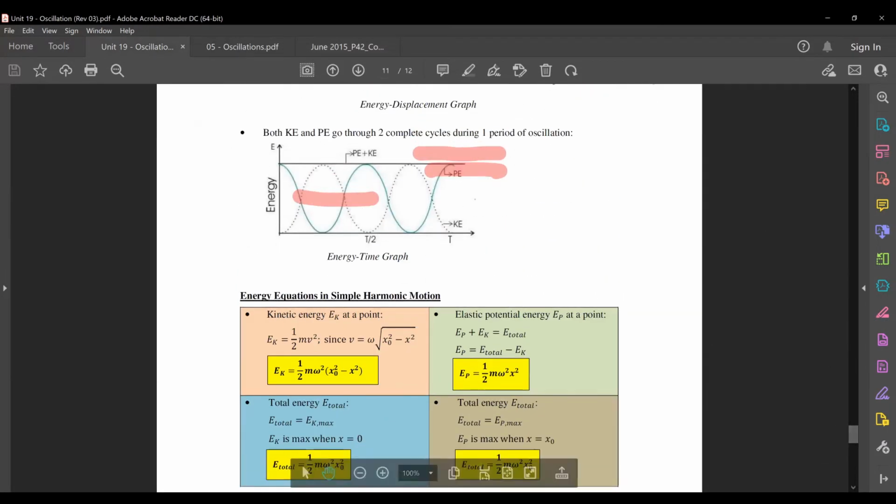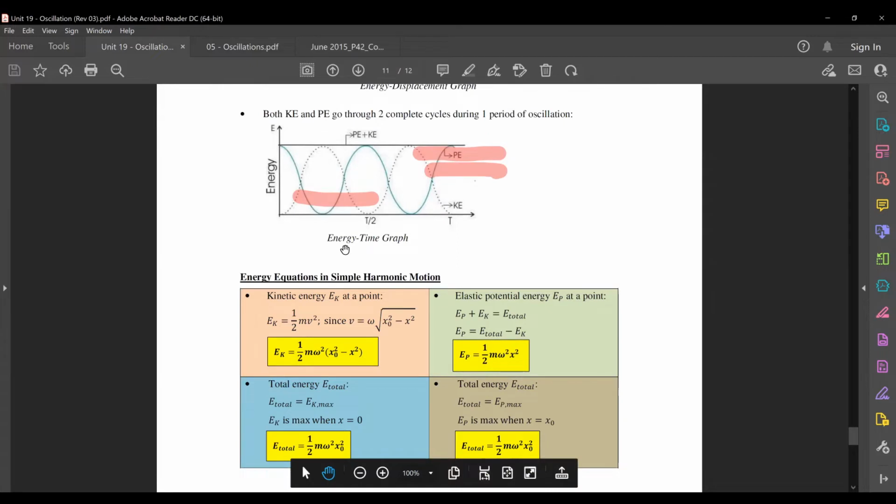This is your maximum KE. I told you total KE is actually your KE max, so KE max is also total KE. Total energy is half m omega square x naught square. This is also your maximum KE.